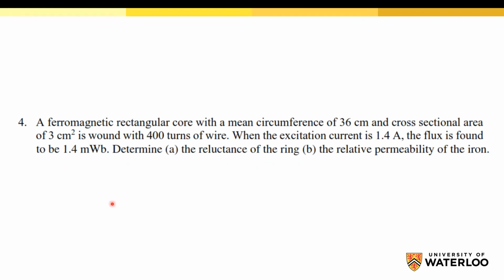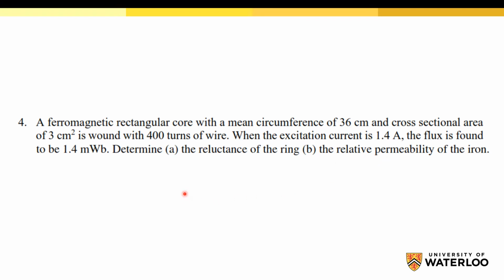For the next question, a ferromagnetic rectangular core with a mean circumference of 36 cm and a cross-sectional area of 3 cm squared is wound with 400 turns of wire. When the excitation current is 1.4 amp, the flux is found to be 1.4 milliweber, and it's required to calculate the reluctance of the ring and the relative permeability.